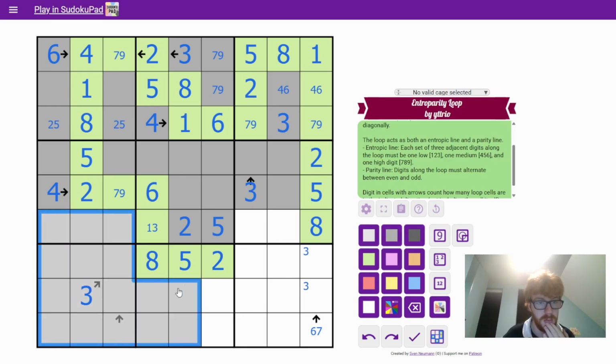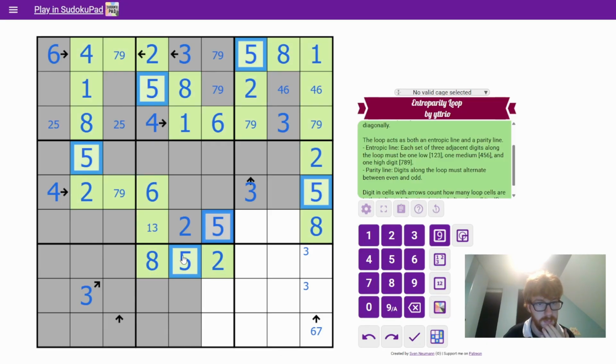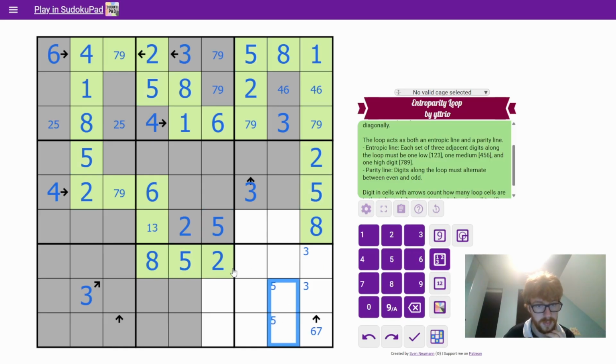Very, very cool. Sudoku, anything? One of those is a 5. Oh, we don't have that one fixed yet.